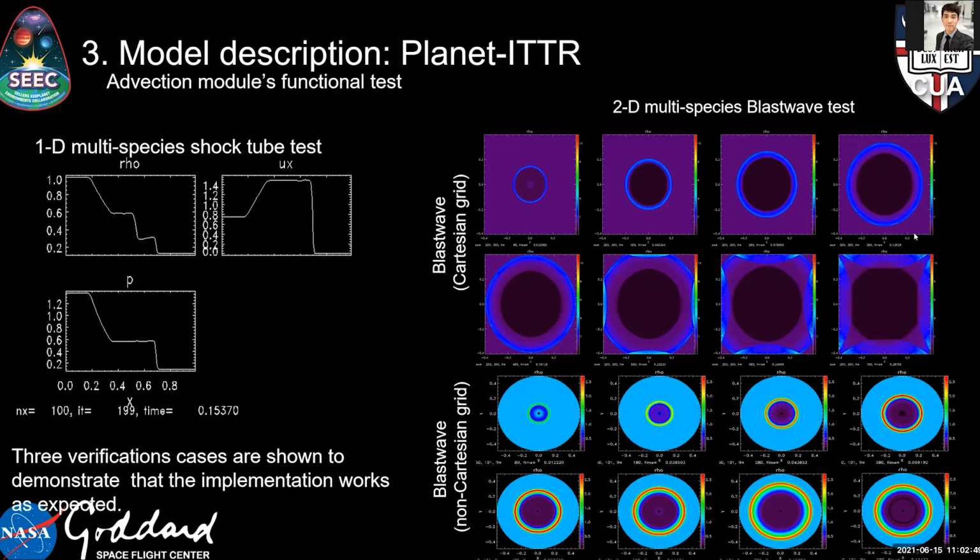The top is calculated in Cartesian coordinates and the bottom in non-Cartesian spherical coordinates. As you can see, the blast wave front propagates over time, hits the boundary, and deflects back. This is also expected from the analytical calculation.